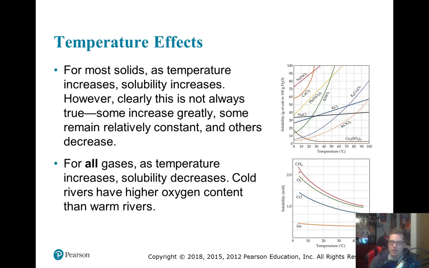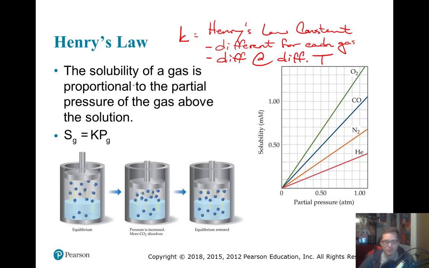One thing to keep in mind: we've all had a bottle of soda, right? You take that 20-ounce bottle or whatever, and you first pop it open, and that gas escapes. Part of the process of carbonating soda is that you fill that bottle with carbon dioxide gas right above it at really high pressure.